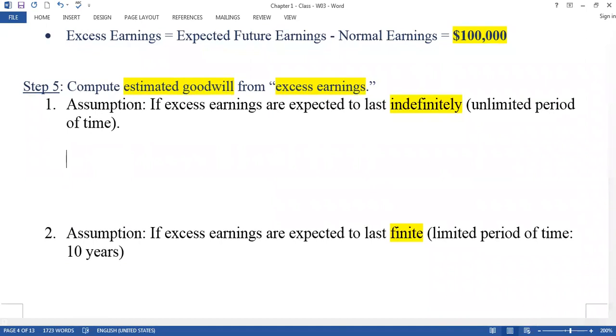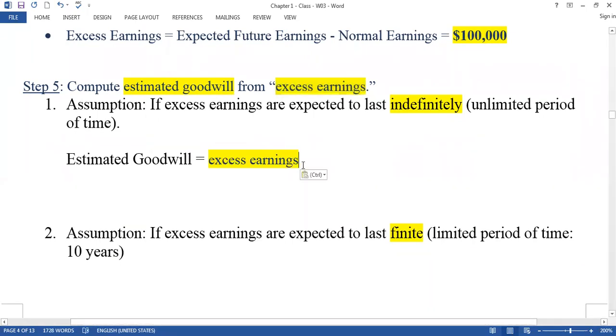The formula is estimated goodwill equals excess earnings divided by the discount rate. So this is the formula.